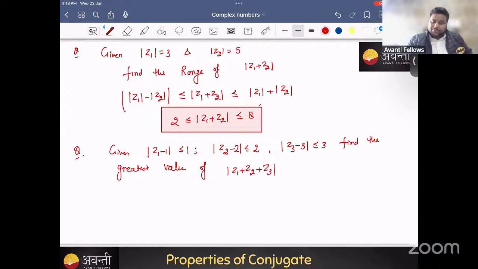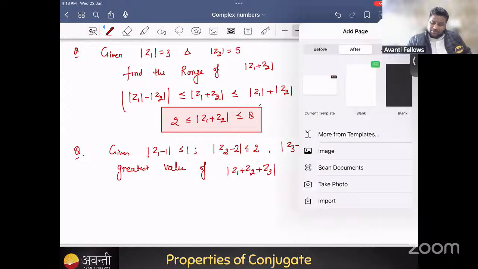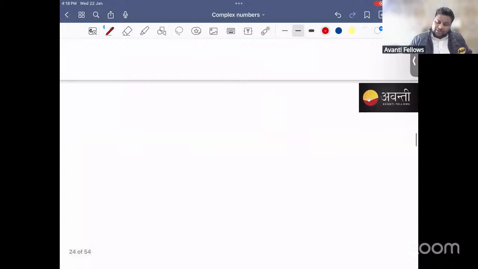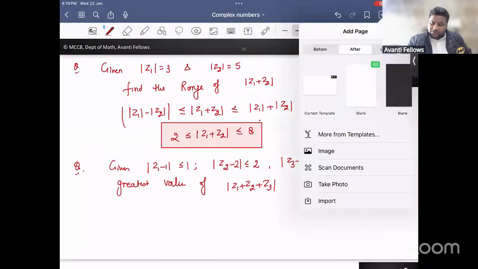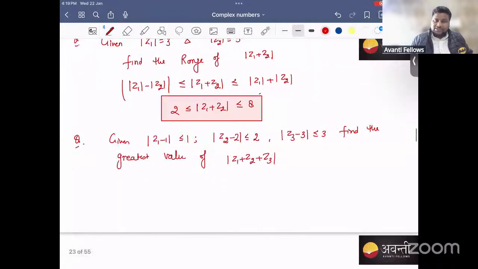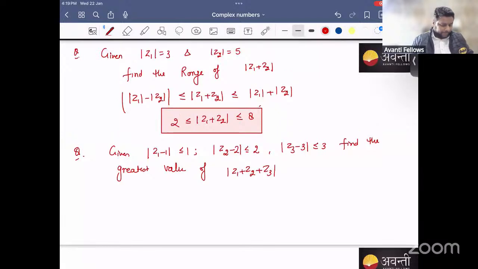Yes, give it a try. Find the greatest value of Z1 plus Z2 plus Z3. Tell me the answer, anybody? Dhruvi?